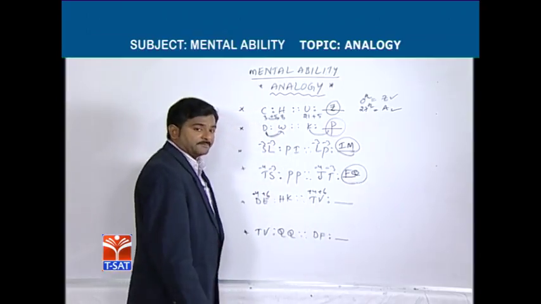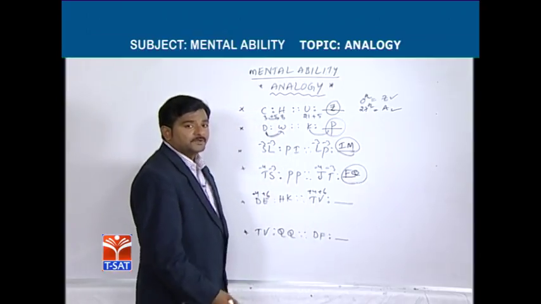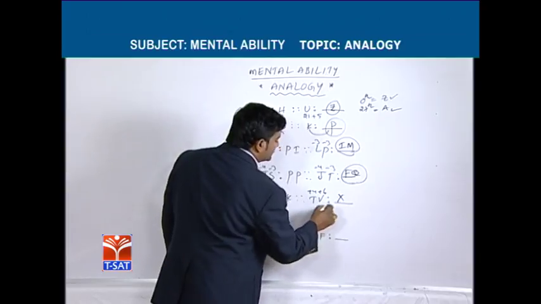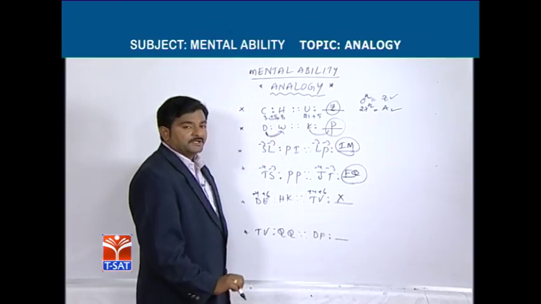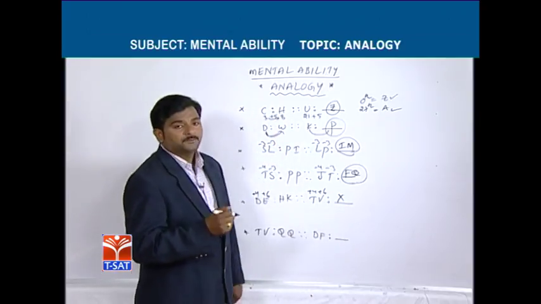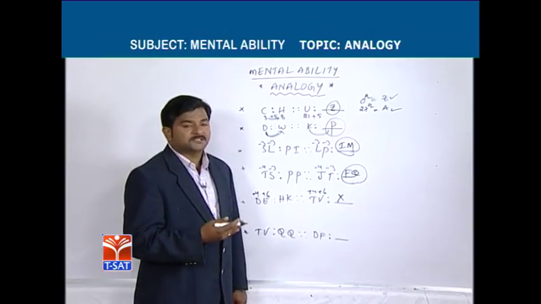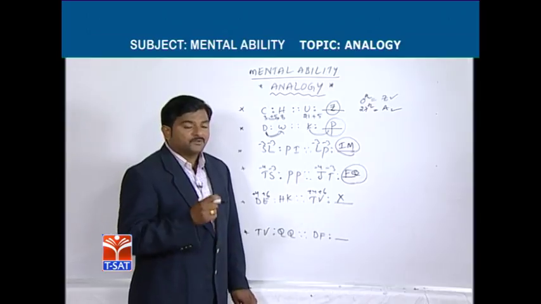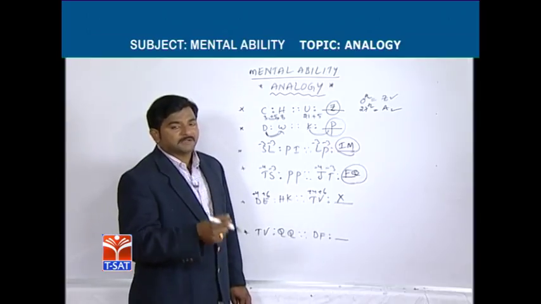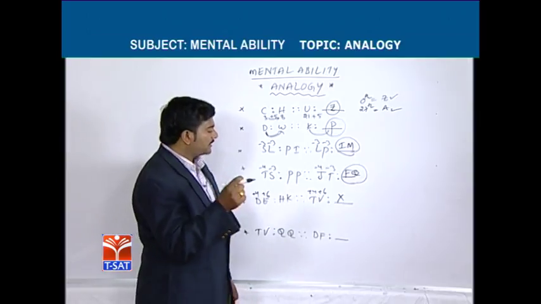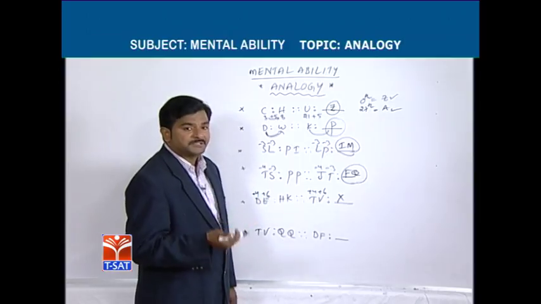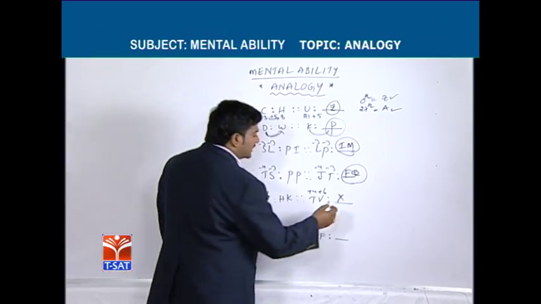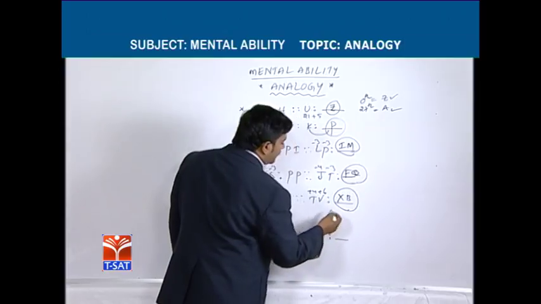T means 20, 20 plus 4 is 24, and the 24th letter is X. V means 22, 22 plus 6 is 28. There is no letter at 28, so what do we do? Subtract one set: 28 minus 26 gives 2. The second letter is B. I hope you understood.